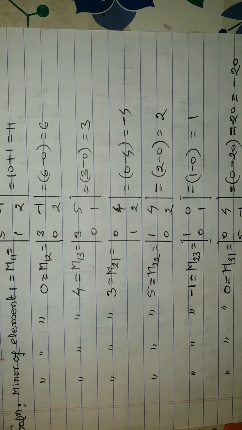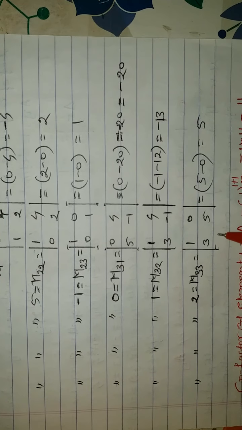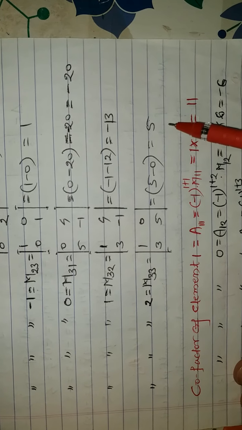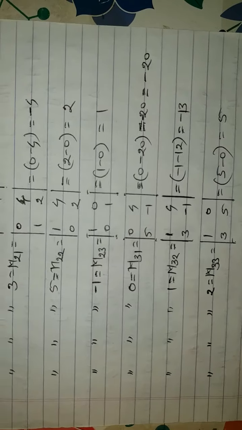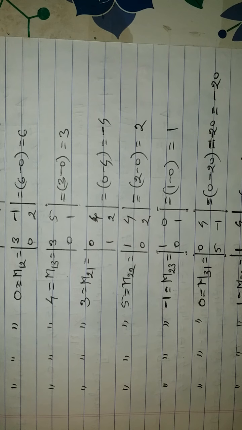Then the minor of the last element, in the A33 position, that is 2, is M33. That equals 1, 0, 3, 5. Cross multiply 5 minus 0, which equals 5. Hence, all these are the minors of all the elements.